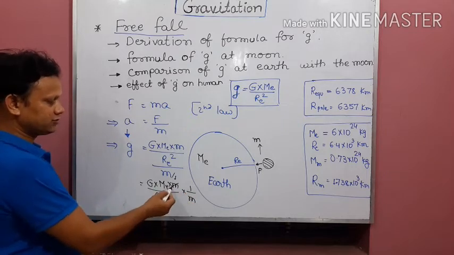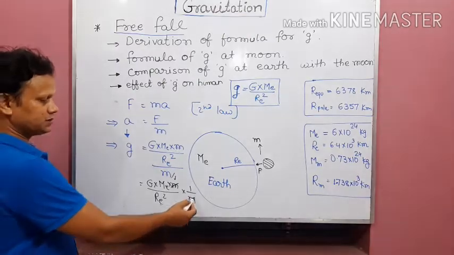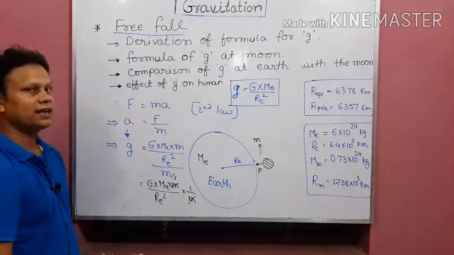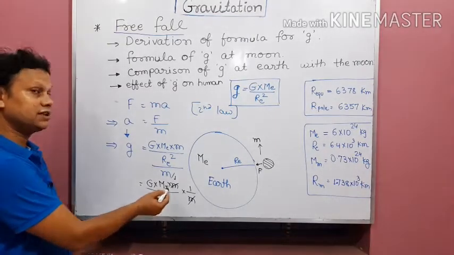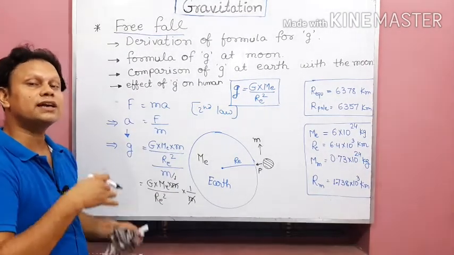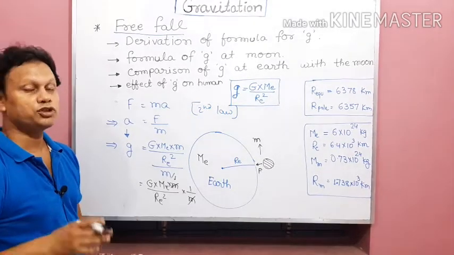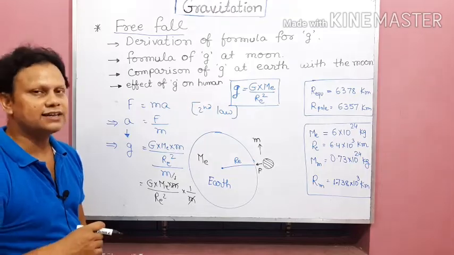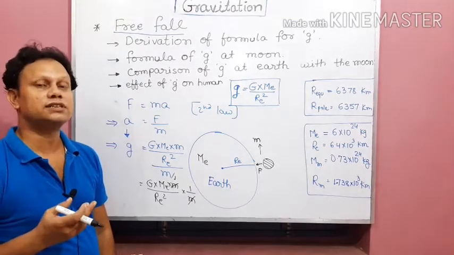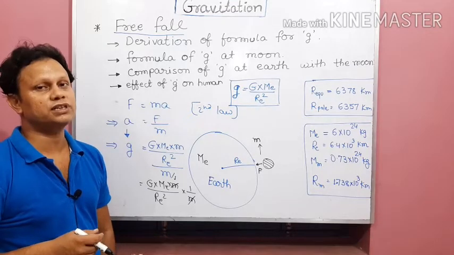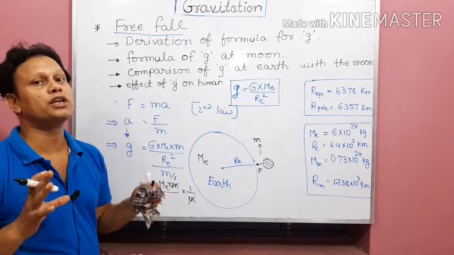Now this mass of the free falling object and this mass of the free falling object, since they are same, they are going to get cancelled. Now you can see here the mass of the free falling object is getting cancelled, which is not easy to believe, but it is the fact that when a free falling object accelerates, its mass does not play any role.